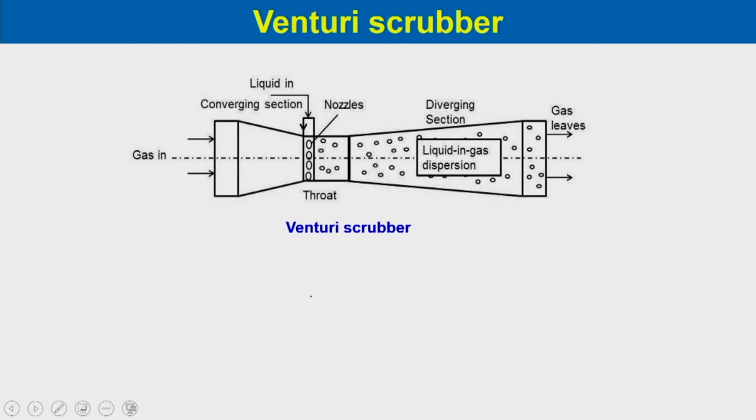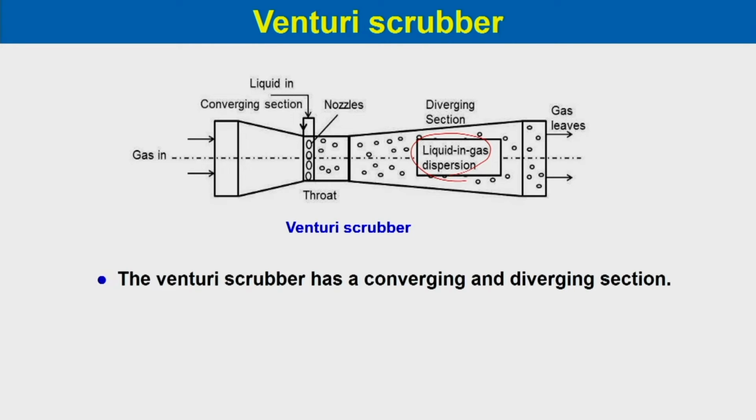Now, another is the venturi scrubber. As we introduced at the beginning, there is a gas inlet in the converging section and then a throat of the nozzle, where the liquid enters through the nozzles, and then there is intimate contact in the diverging section, the gas-liquid dispersion, liquid in gas dispersion. The venturi scrubber has a converging and diverging section. The fluid enters the venturi at one end.